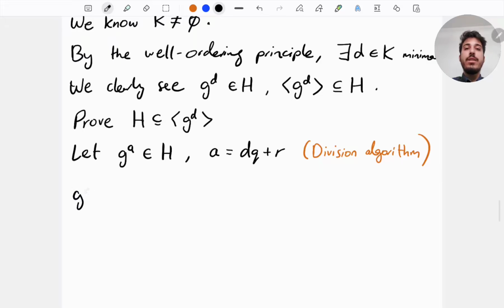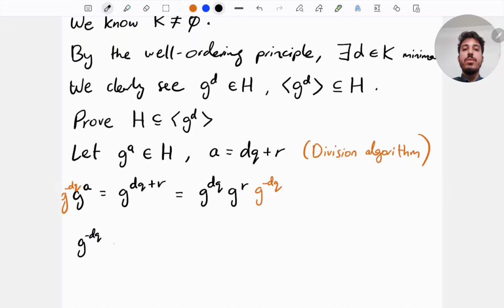So g to the a would be equal to g to the dq plus r. And by exponent laws, this is equal to g to the dq times g to the r. And now if you multiply both sides of the equation by g to the minus dq, what we get is that g to the minus dq times g to the a, both of these elements lie in H because this lies in H by supposition, and this lies in H because g to the d lies in H by the construction of d.